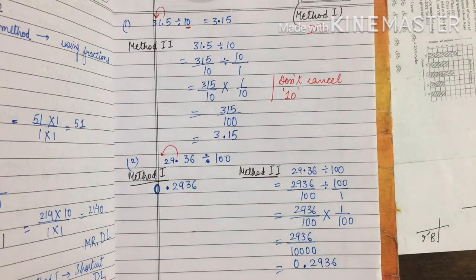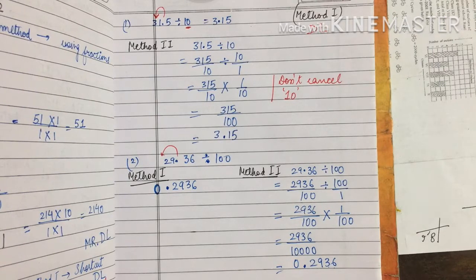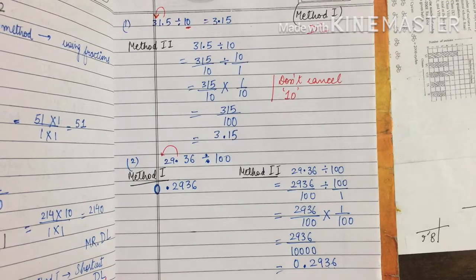So this is how we carry out different types of divisions of decimal numbers. Revising all, when you are dividing a decimal number by a whole number, first type, then we can use direct division or we can use fractions. But to use direct division, there are some conditions that you need to keep in mind.